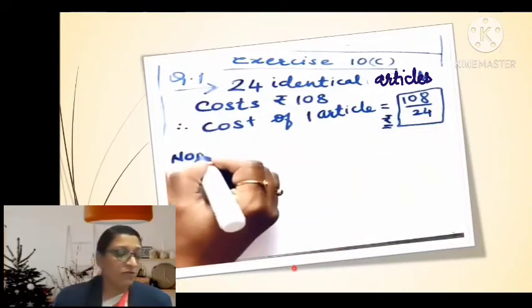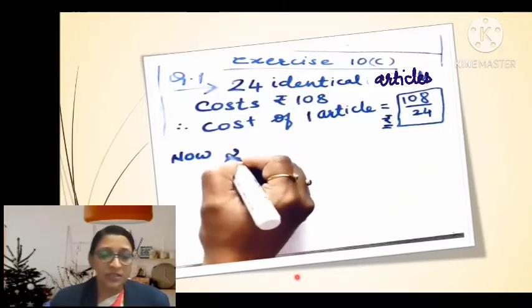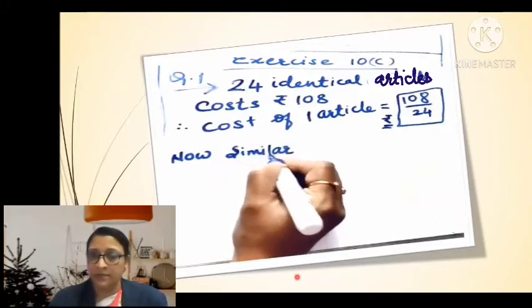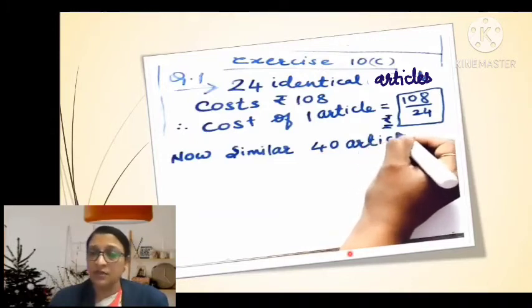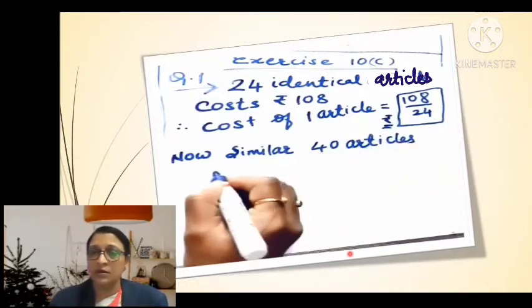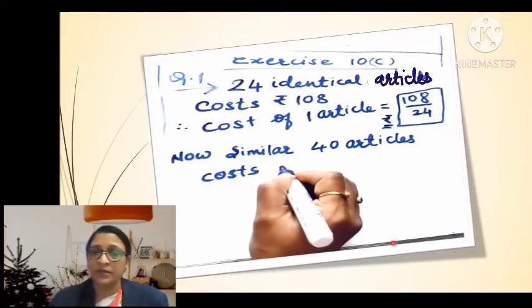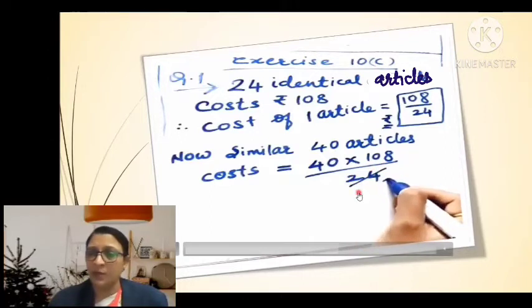Now from this, we will calculate the cost of 40 similar articles. So 40 similar articles cost rupees 40 multiplied by 108 upon 24.